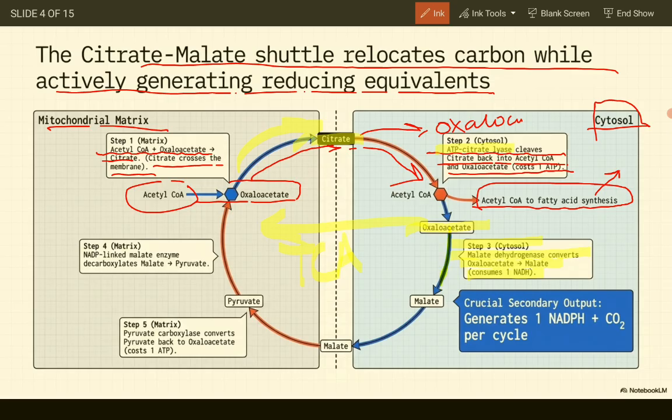This malate is permeable through the inner mitochondrial membrane and can move inside the mitochondrial matrix. This malate then produces pyruvate. Pyruvate carboxylase converts pyruvate back to oxaloacetate. So here once again oxaloacetate is produced through pyruvate. This is the whole cycle, and it generates 1 NADPH and CO2 per cycle.